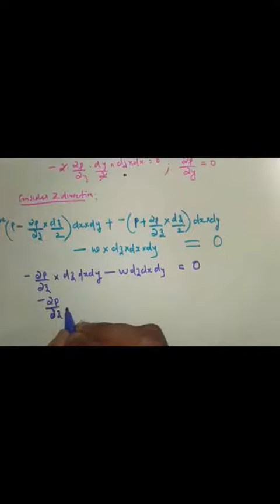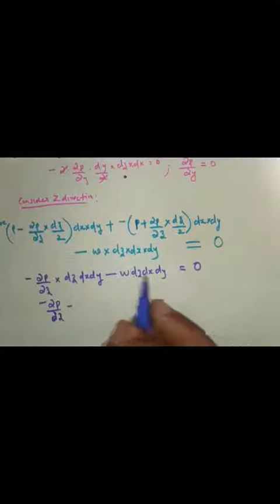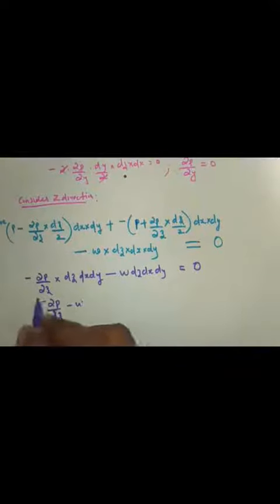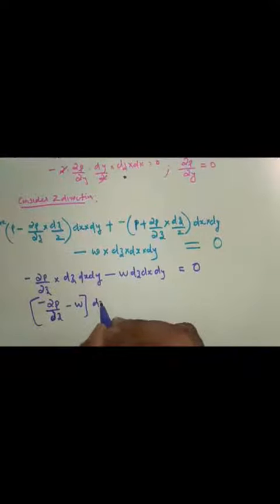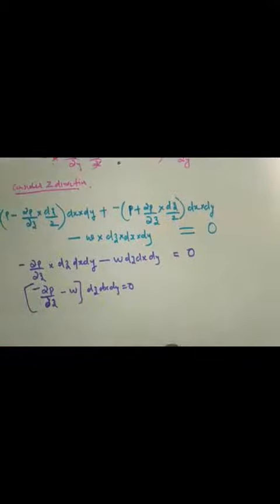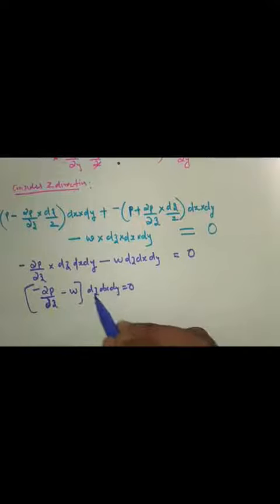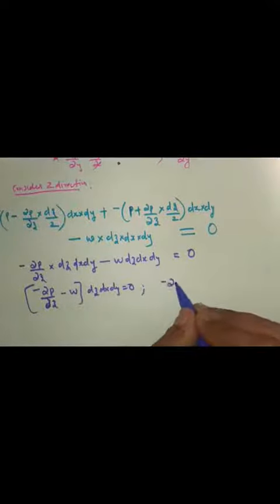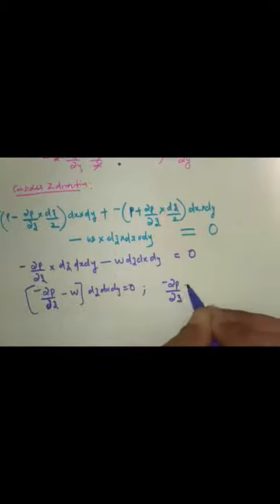This dz dx dy cannot be 0, so it implies minus dou p by dou z is equal to w.